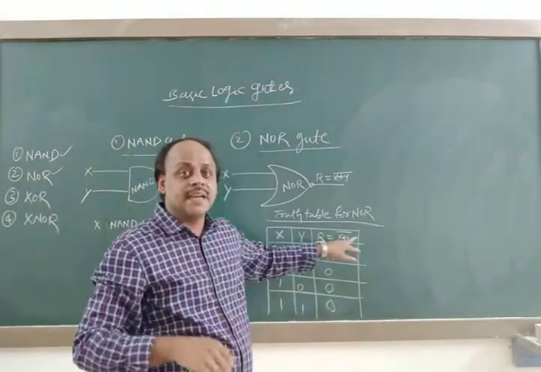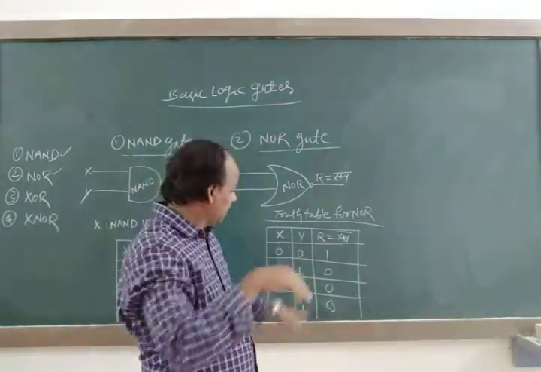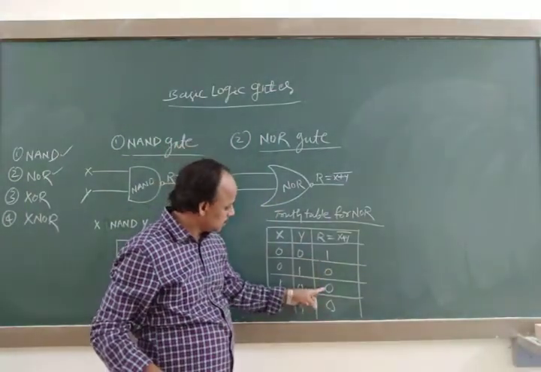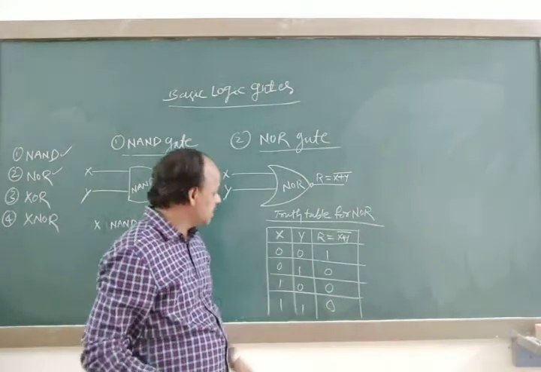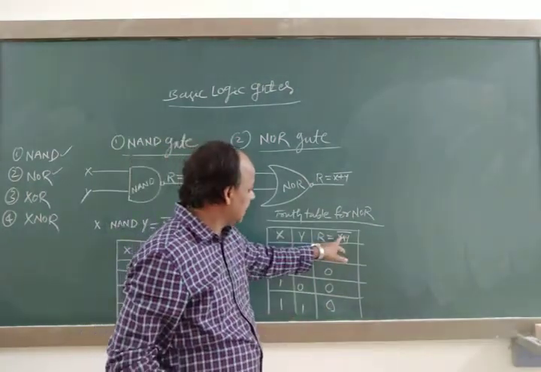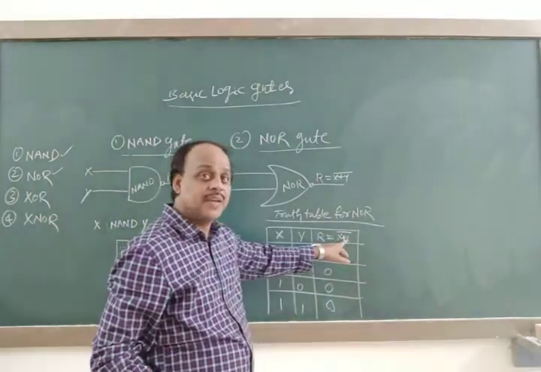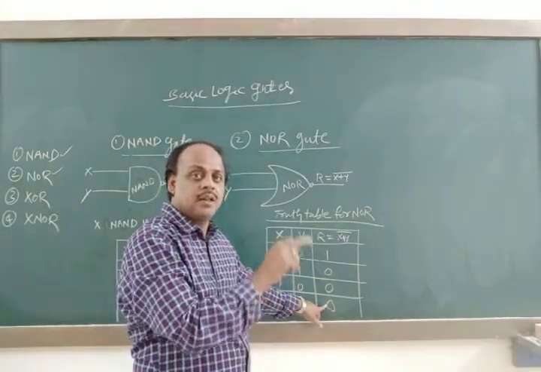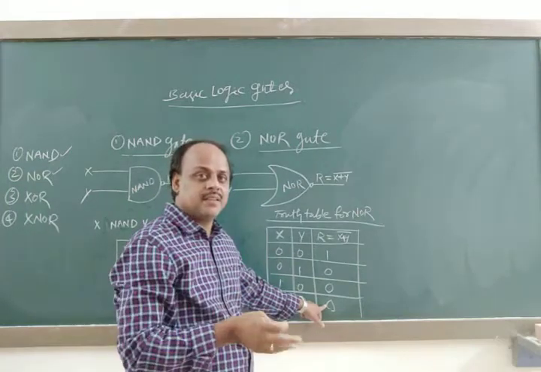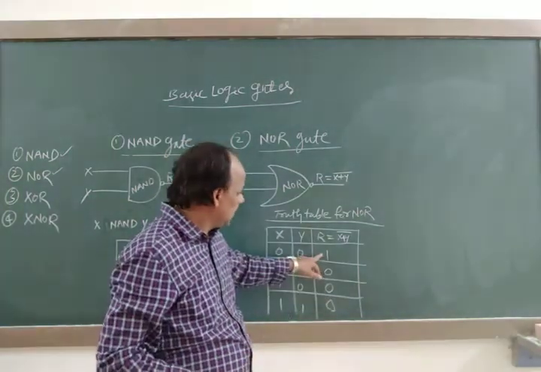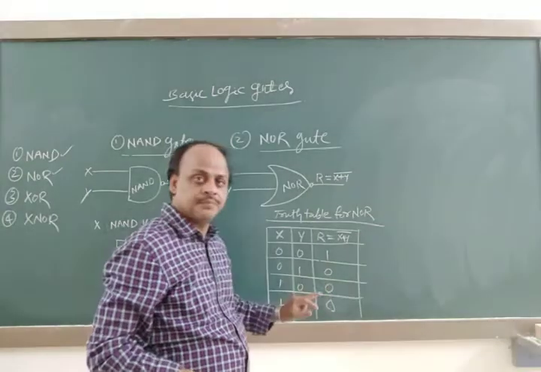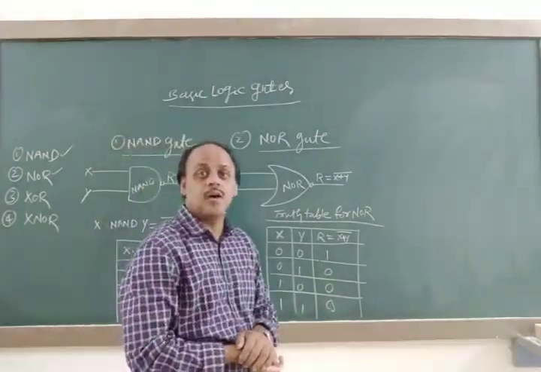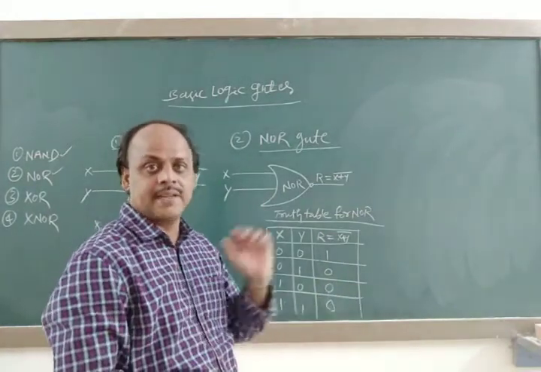That's why we must get 1 0 0 0. Right? In the OR gate X plus Y gives 0 1 1 1, while in NOR X plus Y bar is complemented, so we get 1 0 0 0. We can say that the NOR gate is a complement of the OR gate.